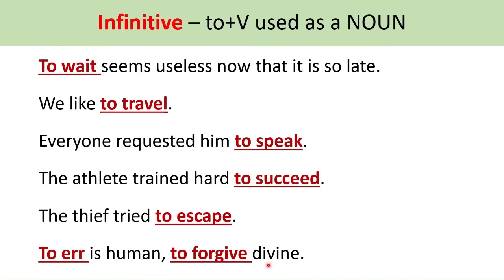To forgive, divine. But if you forgive someone, then you are like God. That is, forgiveness is so great. But both of them use to err and to forgive as the infinitive, non-finite usage, and that is used as a noun.